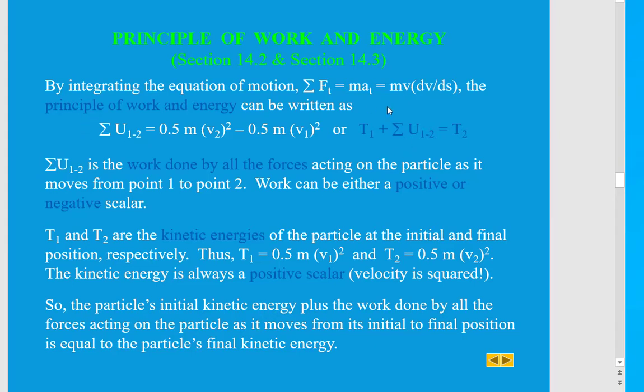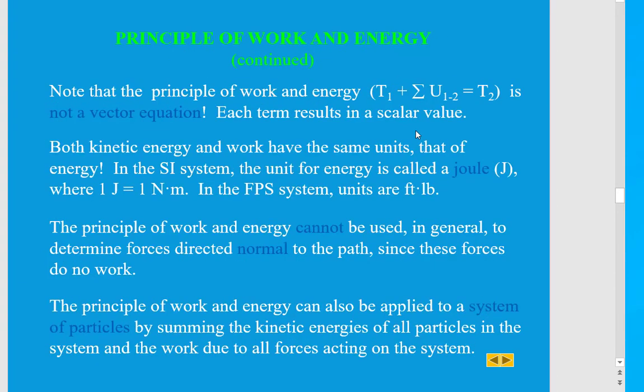Alright, so this formula is a scalar formula, so there is no vector required. And kinetic energy is always positive because it's the square of velocity. So it's just a matter of how to calculate these energies done by the forces, which will be the topic of the next section.